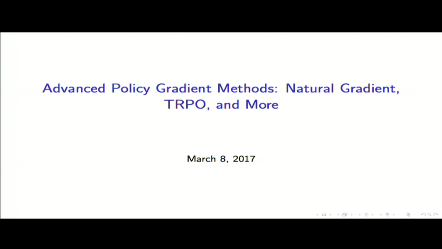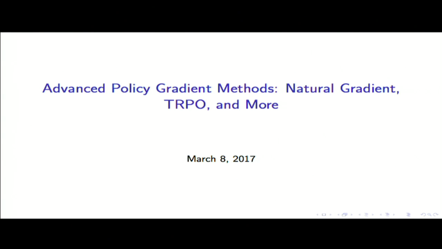Okay, so let's first review what's in our toolbox so far to set up what we're going to go through in this class. A few weeks ago, we went through policy gradient methods, which estimate the gradient of the expected return of the policy. All we talked about is how to get gradient estimators.